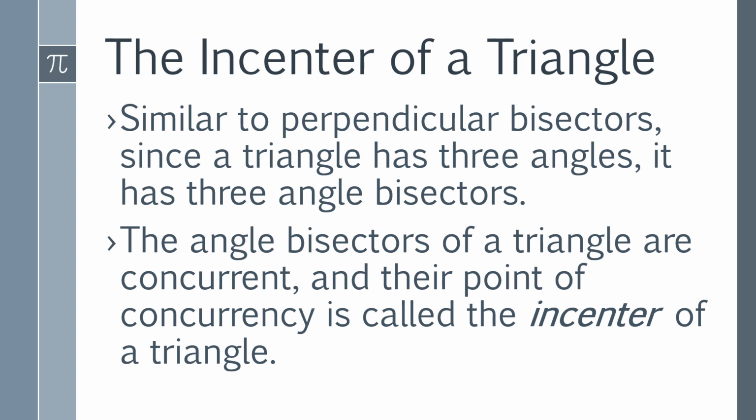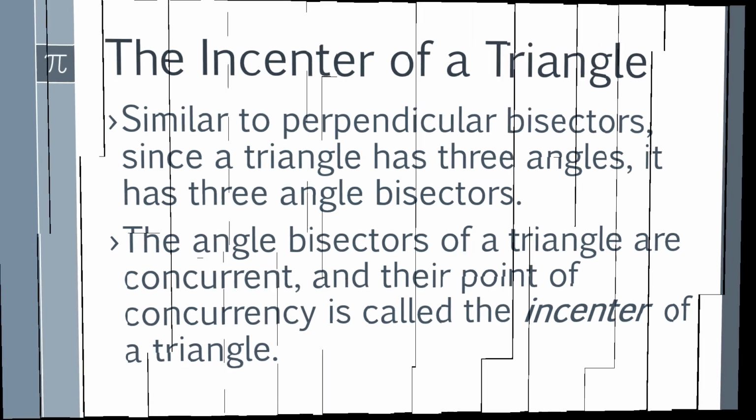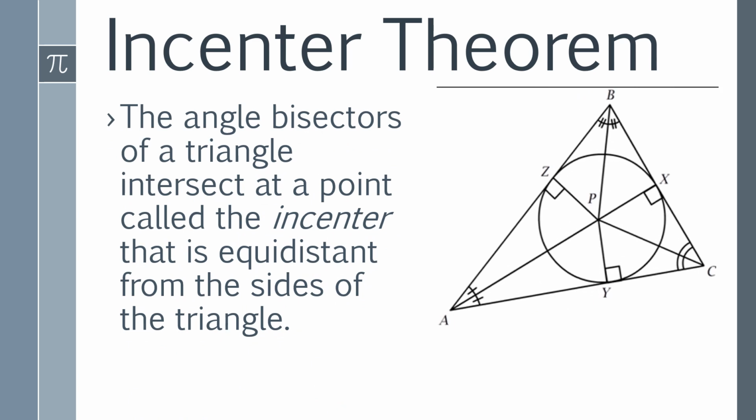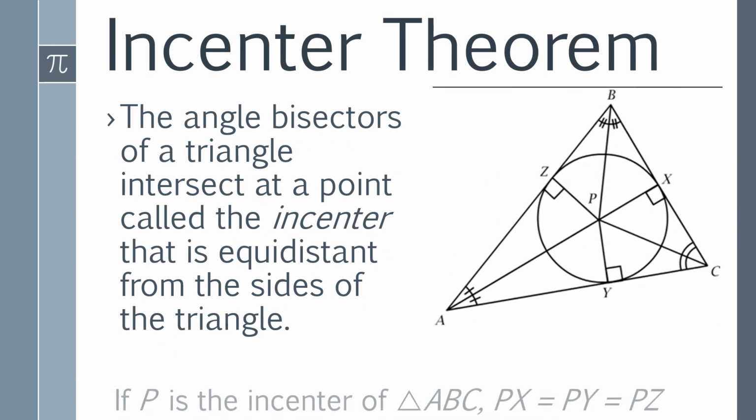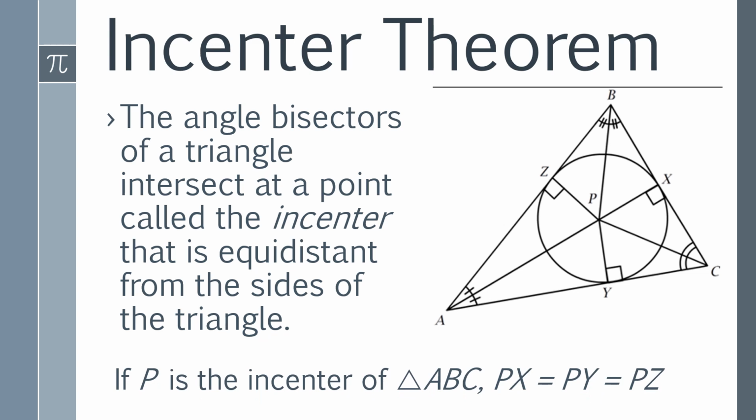The angle bisectors of a triangle are concurrent, and their point of concurrency is called the incenter of a triangle. So what happens with the incenter of a triangle is that I have a circle, and since the radii of a circle are all congruent, that's going to be the equidistance.